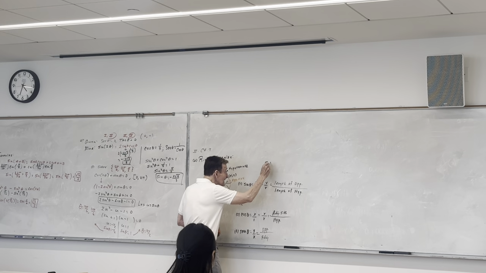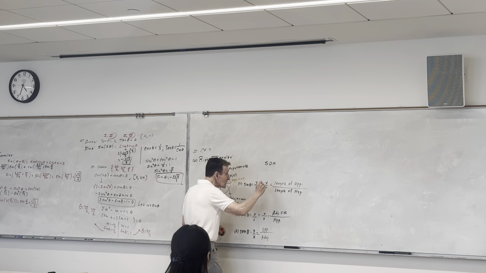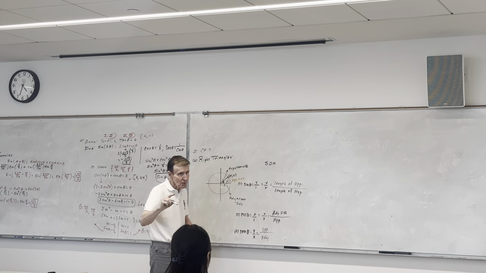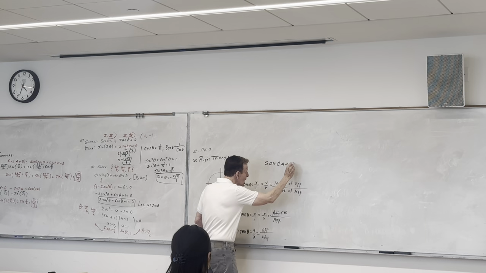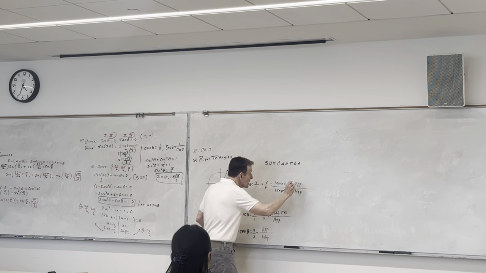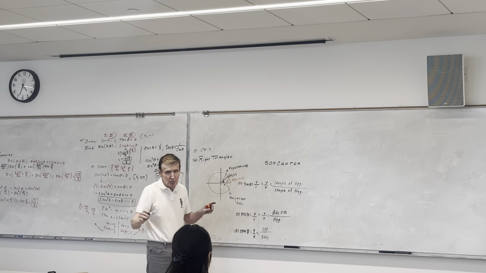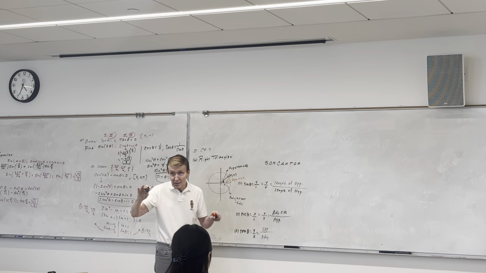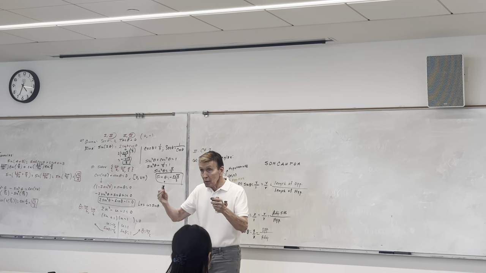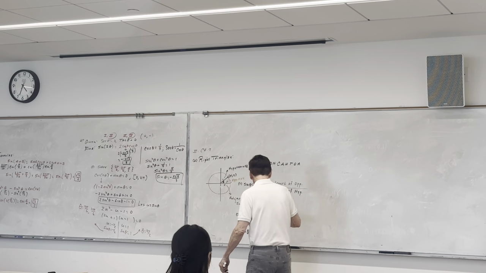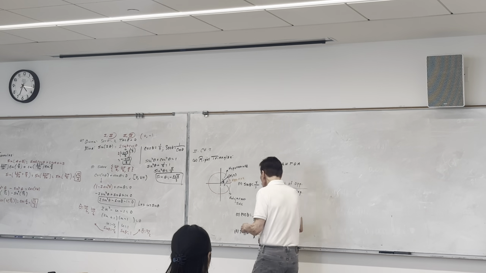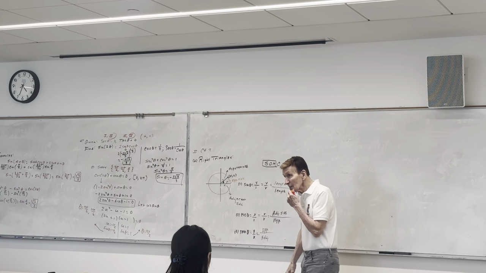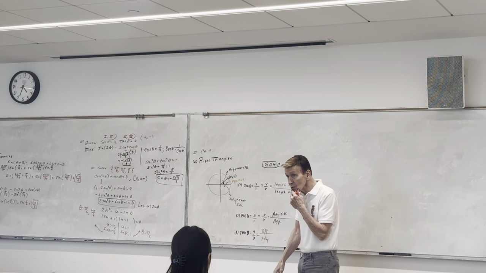Let me see if I can get this right. SOHCAHTOA. Is that what you guys were doing back in middle school? If you had not seen this, I had never heard that word before. And all of a sudden, my middle school teacher says, S for sine, O for opposite, H for hypotenuse.